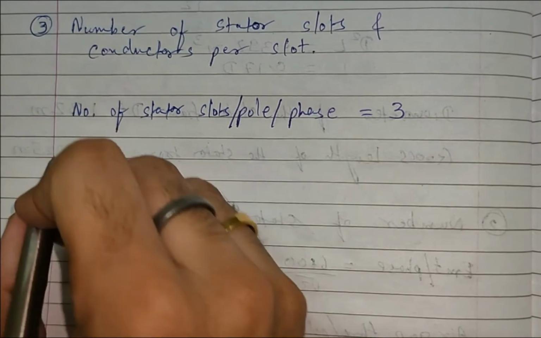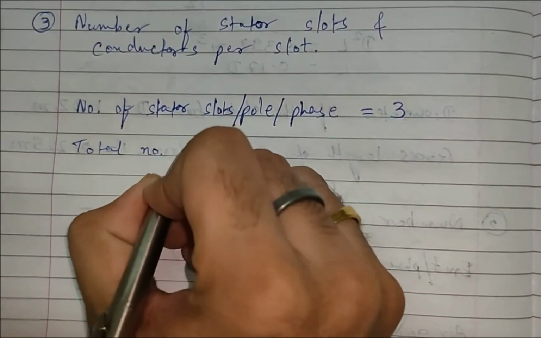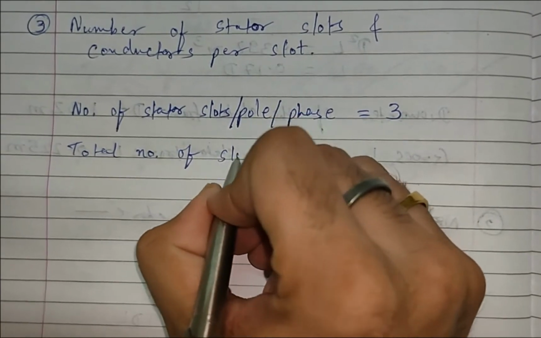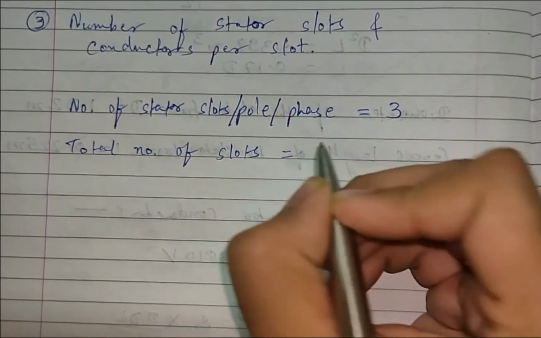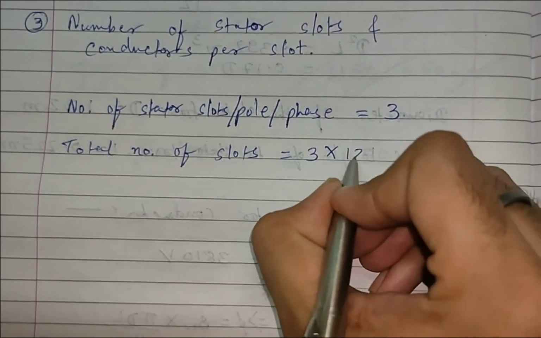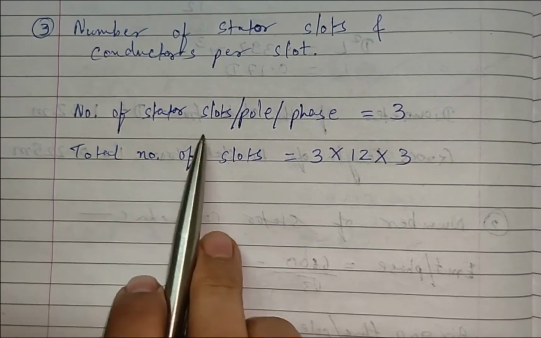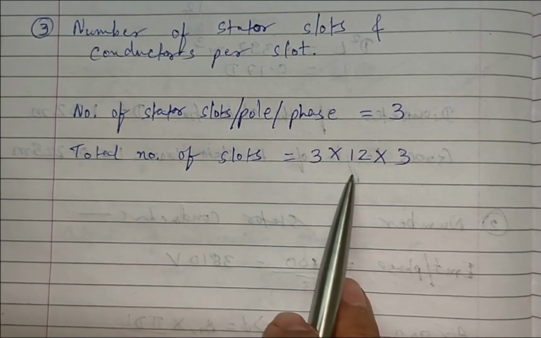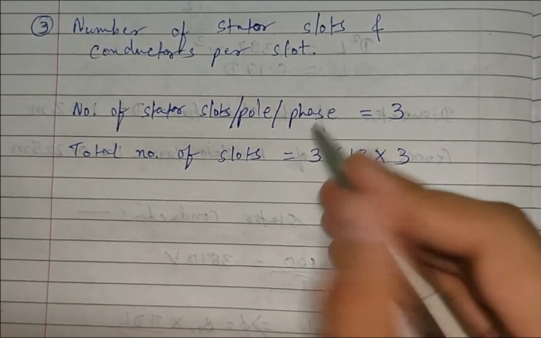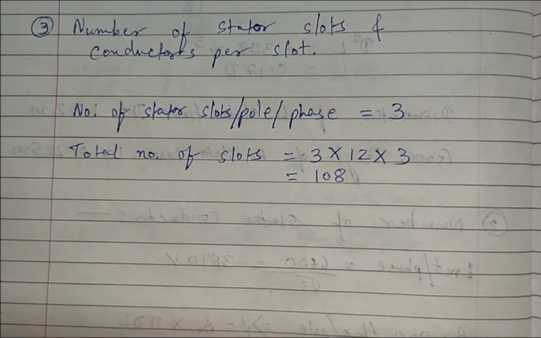Hence, the total number of slots would be equal to 3 multiplied by 12 multiplied by 3, so number of stator slots per pole per phase multiplied by the number of poles multiplied by the phases. So the total number of slots would be 108.